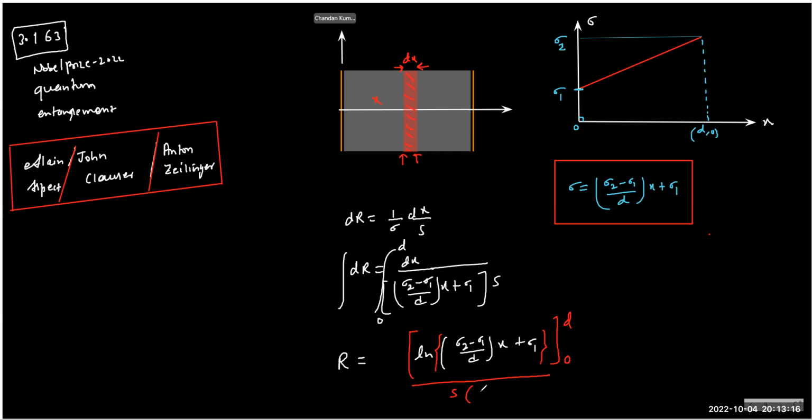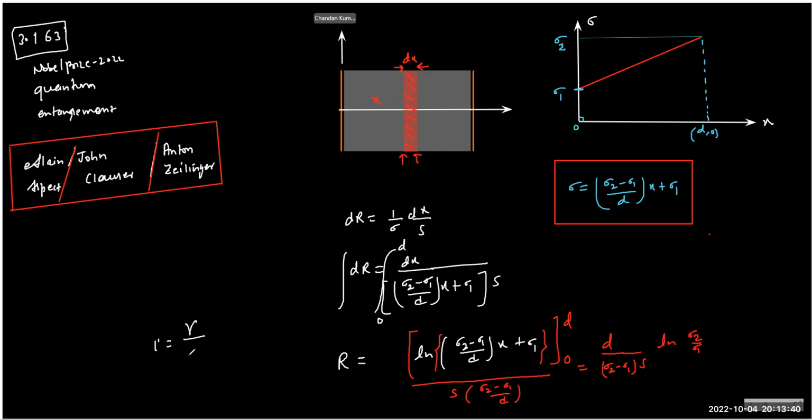And we have to divide by the coefficient, which is sigma 2 minus sigma 1 by d. It is d over (sigma 2 minus sigma 1) S into ln. And if you put in the limits, you will get sigma 2 by sigma 1, right? Such a nice answer. So current is how much?